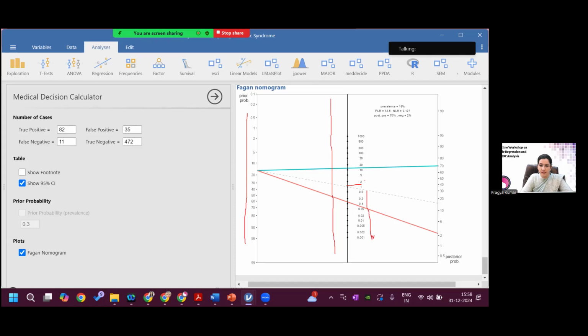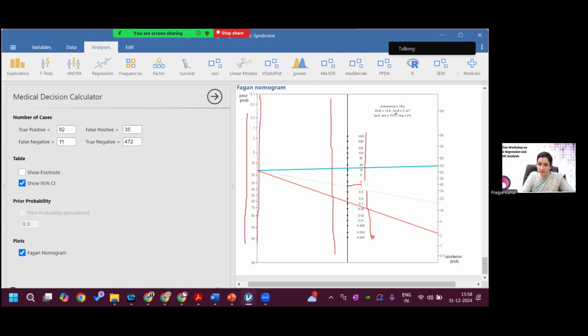And above this is like 2, 5, 10, something like that. And for the prior probability, it starts from 0.1 and then goes 10, 20, 95, something like that, so it is 0.1 till 0.99. And here it's opposite, 0.5 to 99. So here it gives you the post-test probability as 70%.